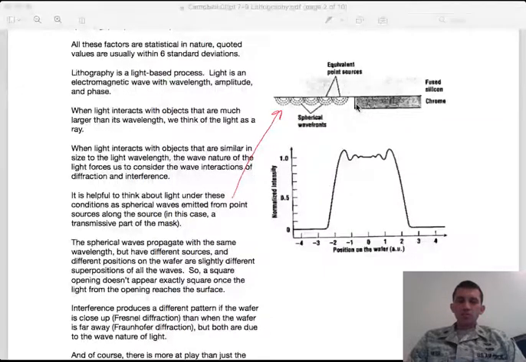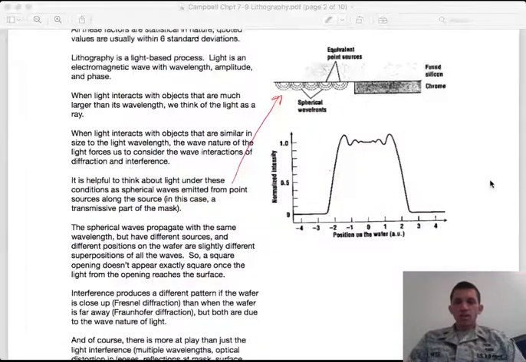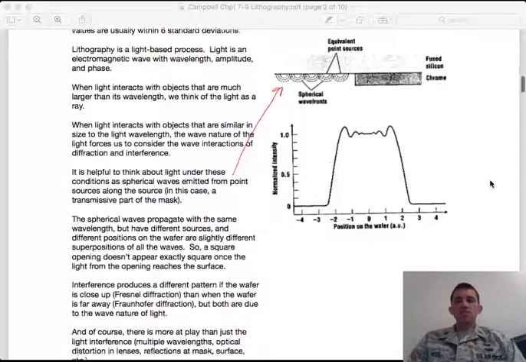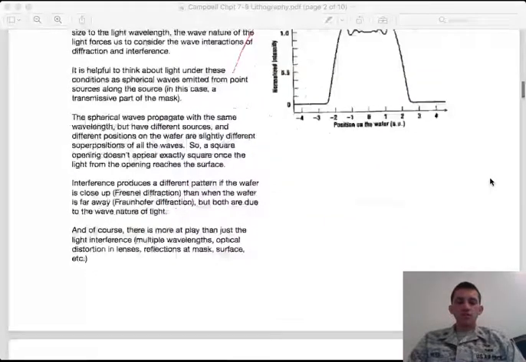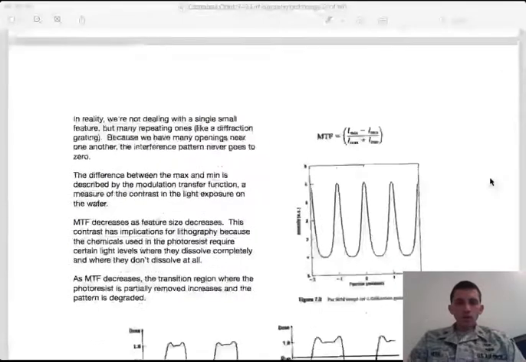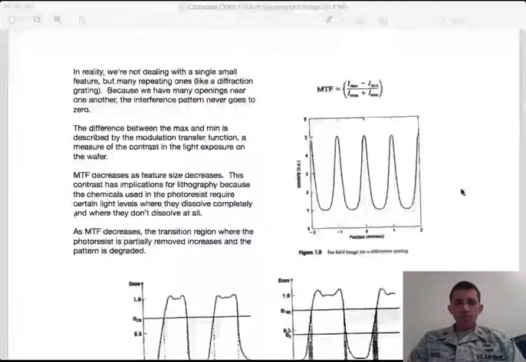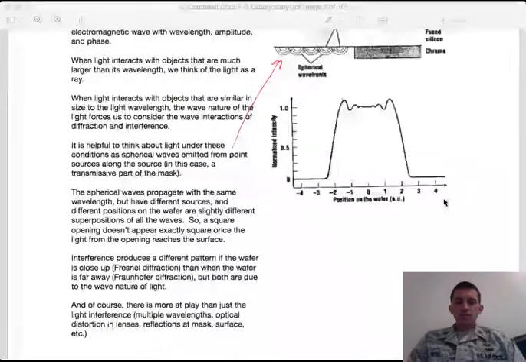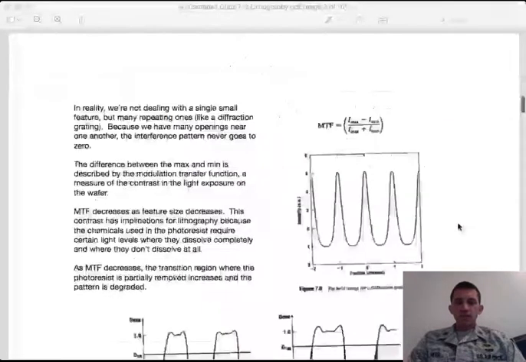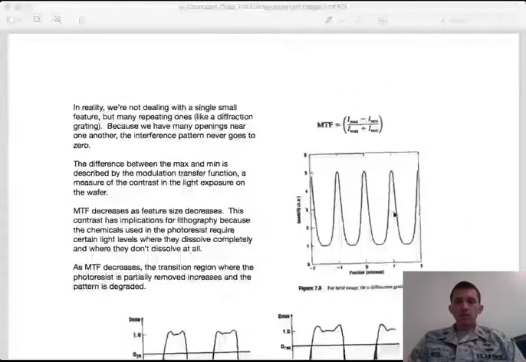And this distortion gets worse as these spaces get smaller relative to the wavelength of light. And so as we're pushing the technology to make smaller and smaller features, either we have more distortion, which limits our ability to make those small features reliably, or we transition to a lower wavelength and keep that balance still in favor of reproducing the pattern faithfully. We introduced the idea of the modulation transfer function, which takes these sorts of patterns and places them in close proximity to one another.